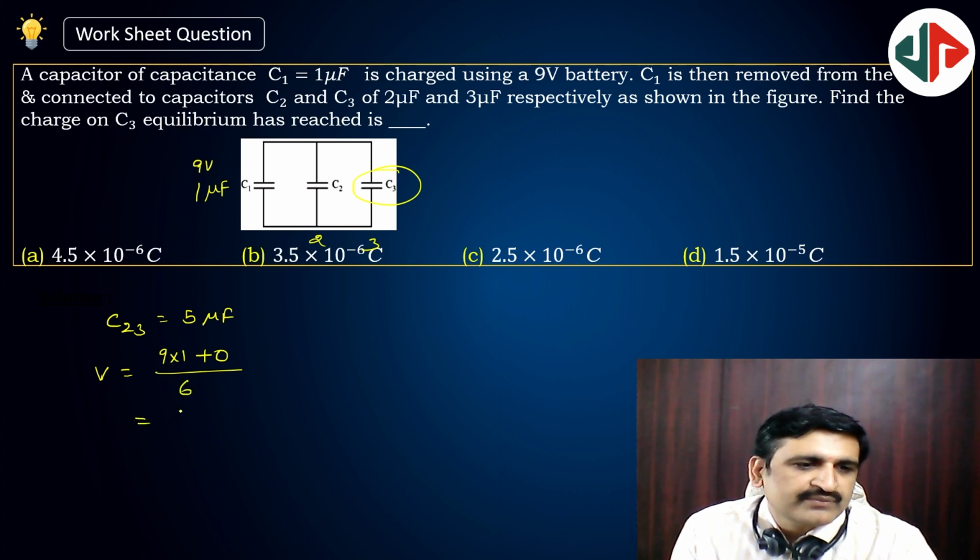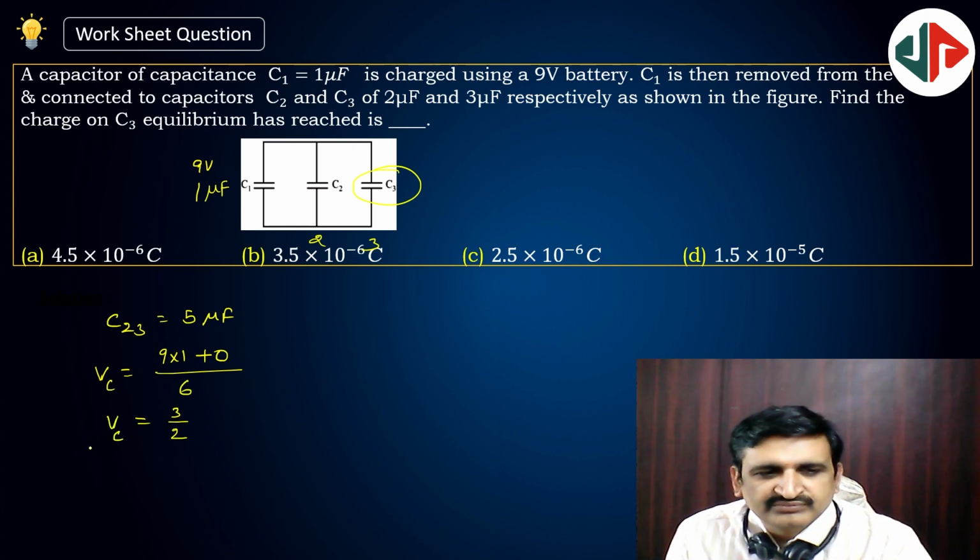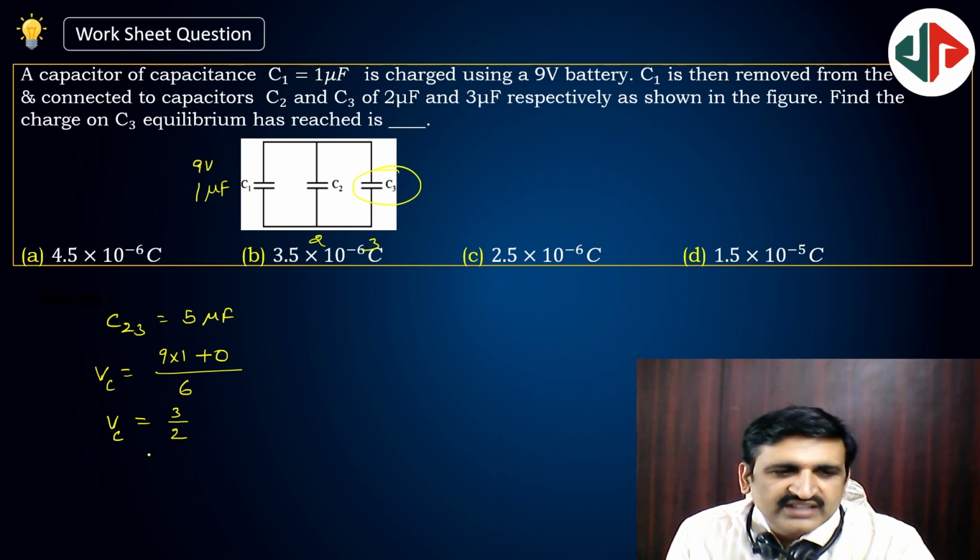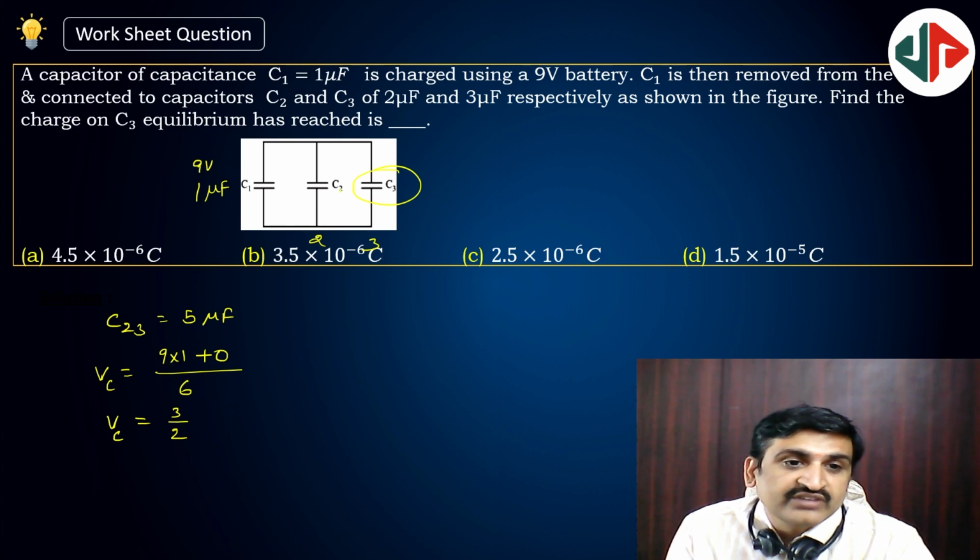So V is equal to common potential is equal to 3 by 2. Now this common potential is for both.